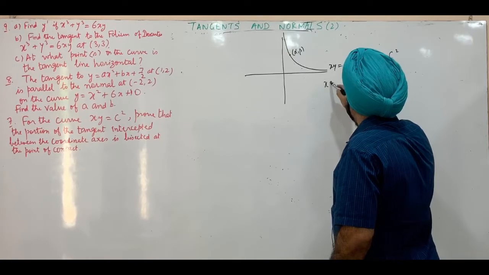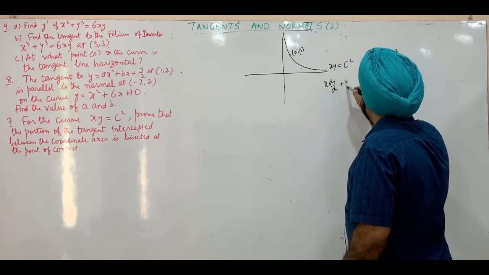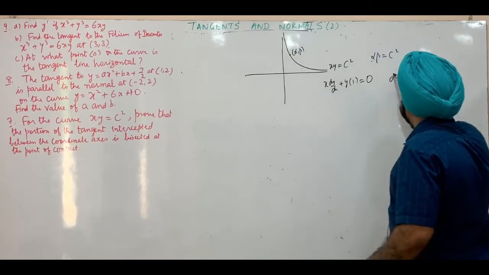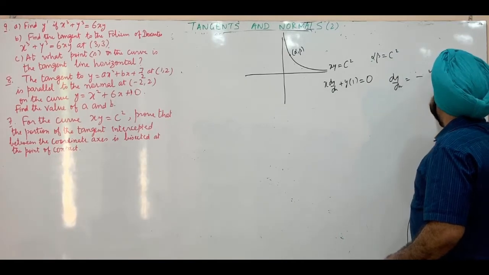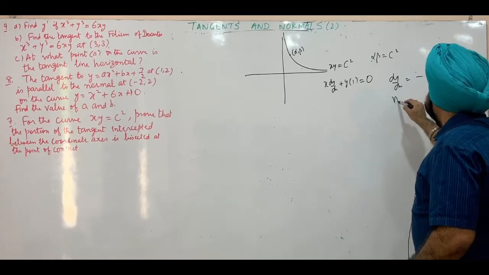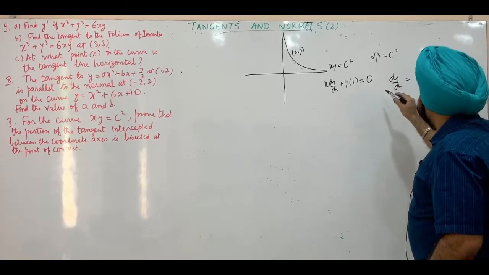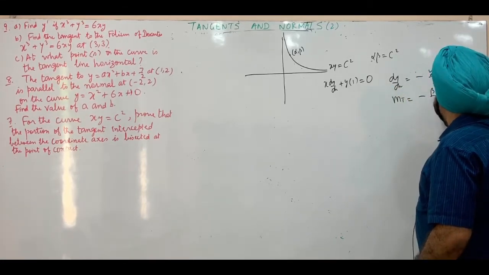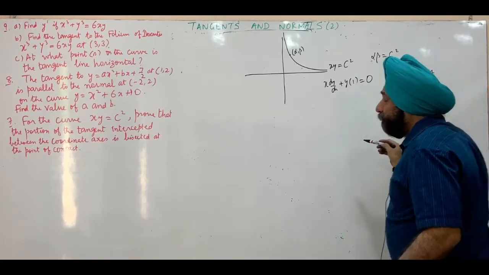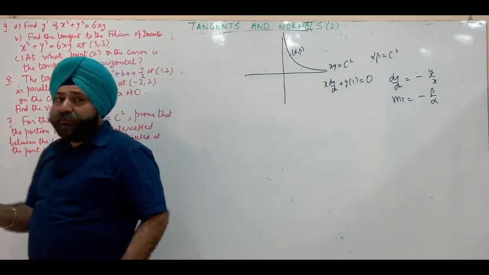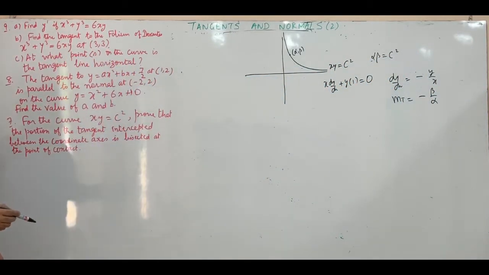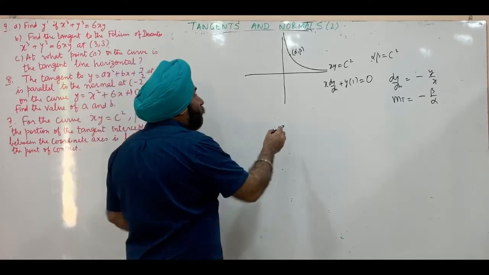Differentiating, x into dy by dx plus y into 1 equals 0, so dy by dx is minus y by x. So the slope of the tangent is minus beta upon alpha, since y is beta and x is alpha. So let us find the equation of the tangent.